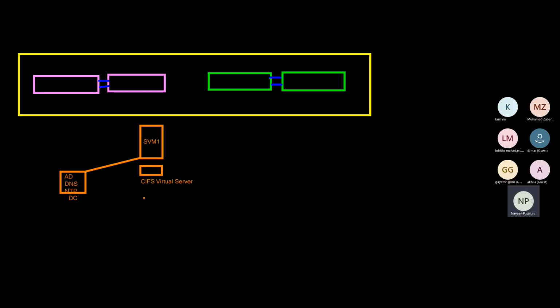So whenever you want to present storage through CIFS, we do it to usernames. I told you Active Directory contains all employee information in the Active Directory services, including their usernames, passwords, everything, right?